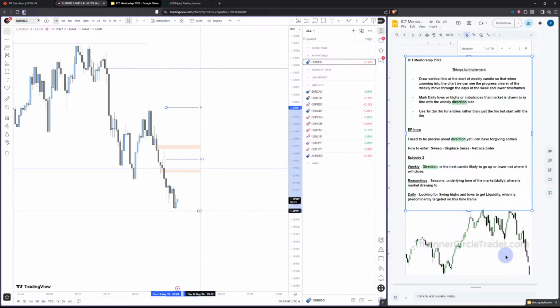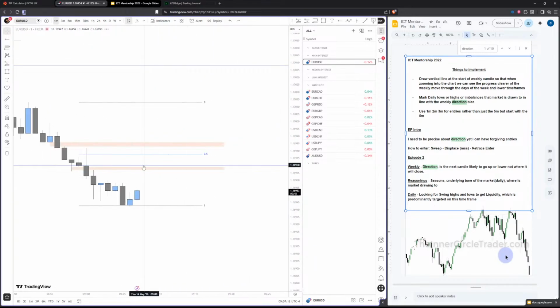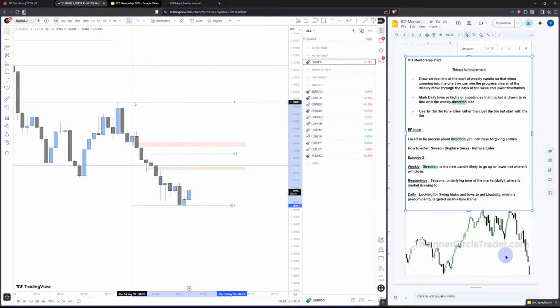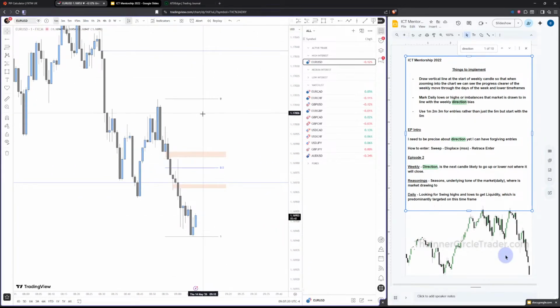These are some re-entries we can get on the 1 minute, if price was to pull back. The only valid entry we have is here because that's in the premium.